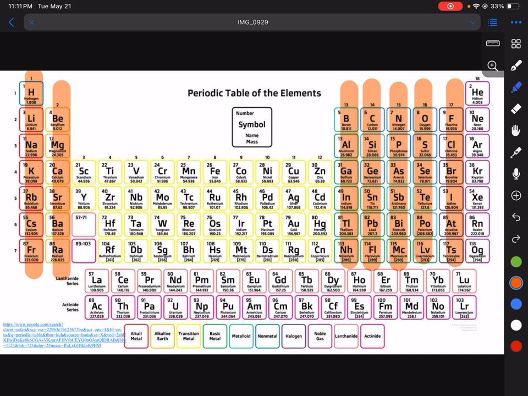Then we're going to have group 8A, which is also known as the noble gas. The group A's are the ones that are known as the main groups.